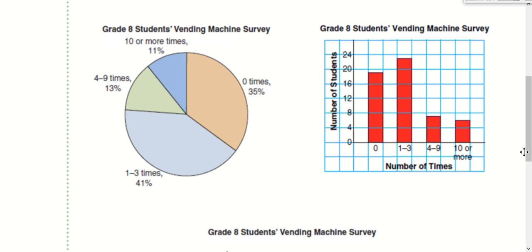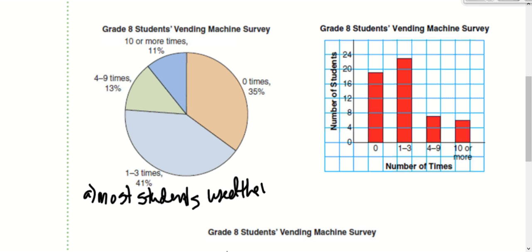So this is really easy to see that most students used the vending machine 1 to 3 times. We even had a good selection of people who used it 0 times. So it's easy to see that kind of ratio.